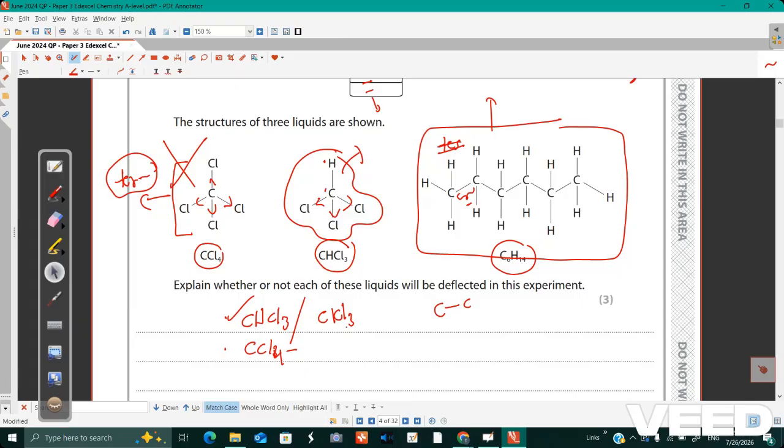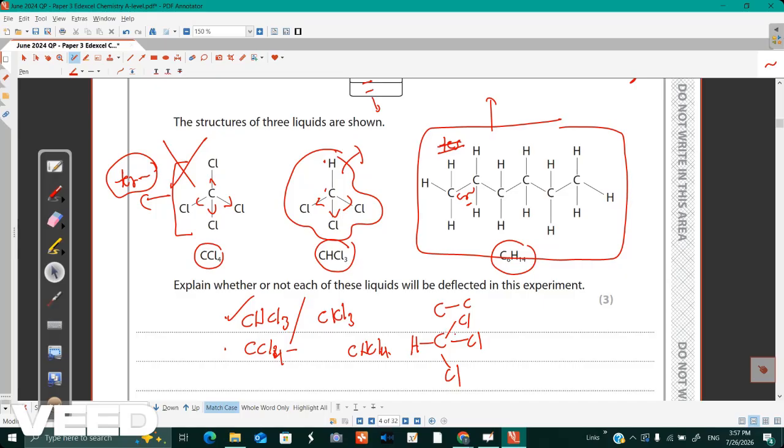But when you talk about CHCl3, there's a polarity between carbon and hydrogen, and also CCl and CCl, these are also polar, but these polarities are stronger between carbon and chlorine.